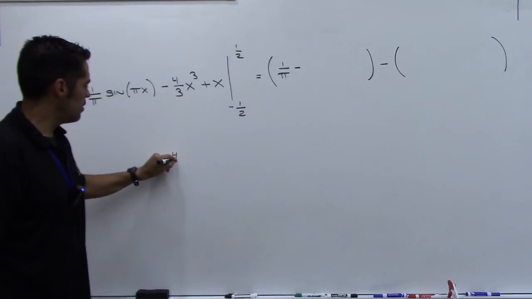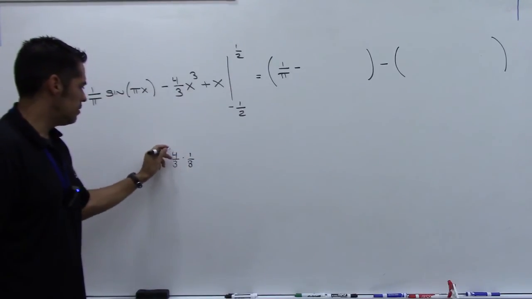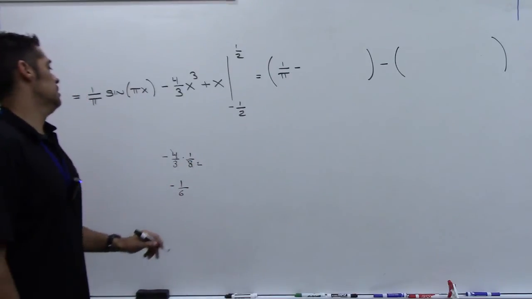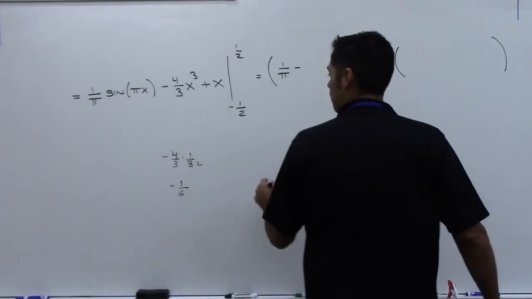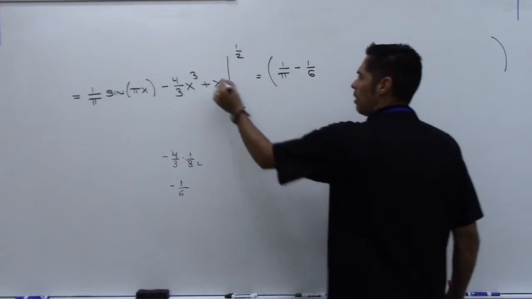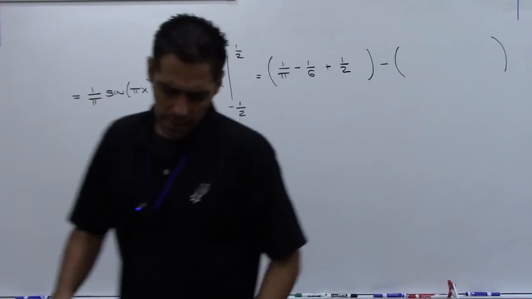So I have negative 4/3 times 1/8. And you can reduce, you get negative 1/6. So negative 1/6. And then if I plug in 1/2 right here, I get 1/2.